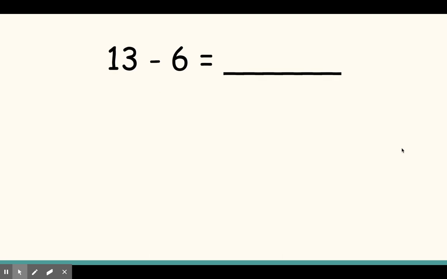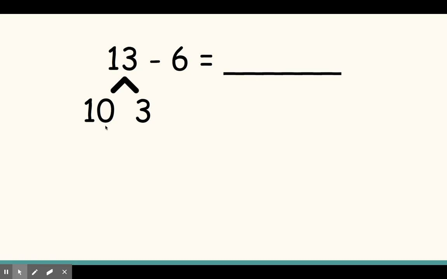Let's try it on this equation. 13 subtract 6 equals. Remember, we're going to start by breaking down the larger number into its place value parts. When we break down 13, we get 10 and 3. 13 is 10 and 3. One group of 10 and 3 ones. Now, that 10, we can subtract 6 from this 10.